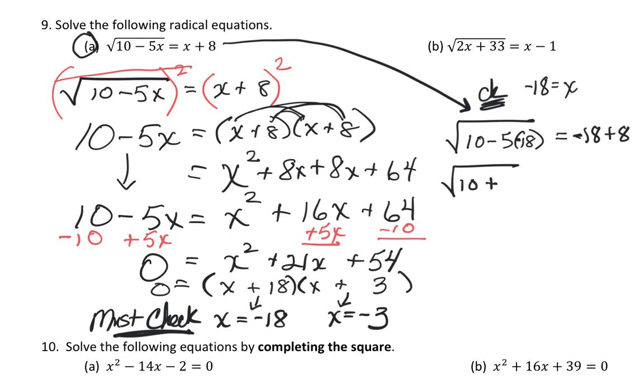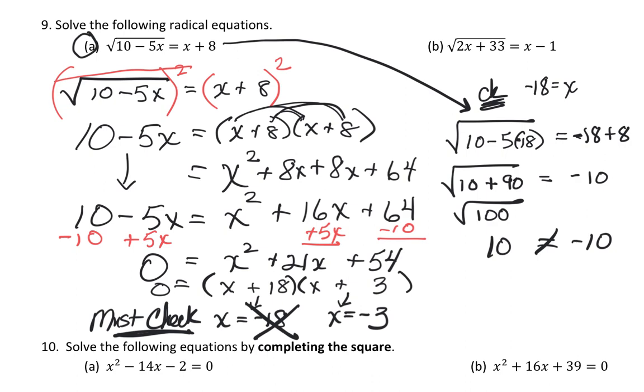It's plus 90. Negative 10. All right, square root of 100 is 10. 10 does not equal negative 10. So it does not check, which means negative 18 is not a part of the solution.